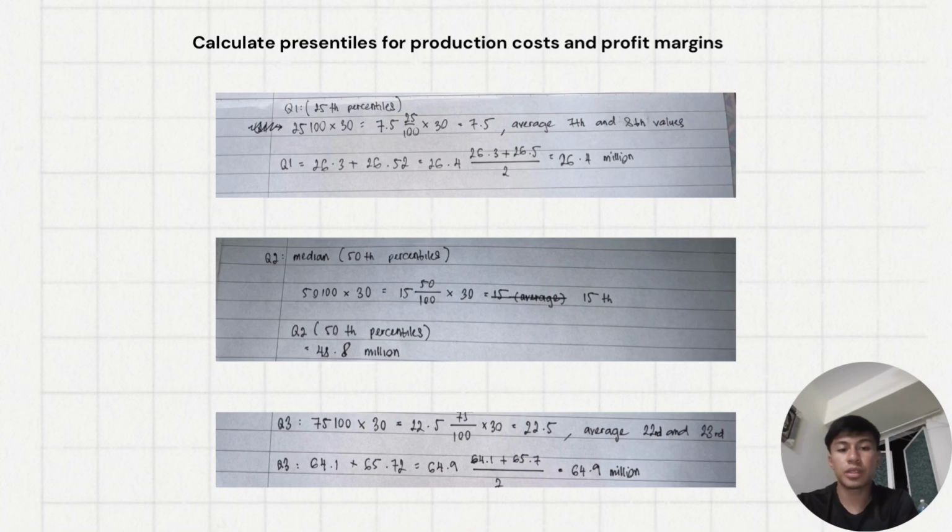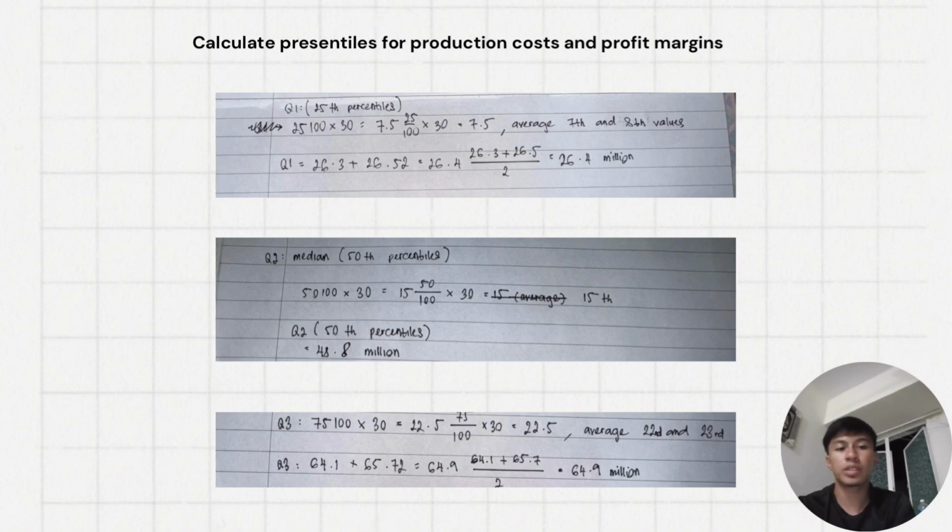For Q2, the median, the value is at position 50 over 100 times 30, equal to 15. The value at position 15 in the sorted list is 48.8 million. Then Q3 is at position 75 over 100 times 30, equal to 22.5.